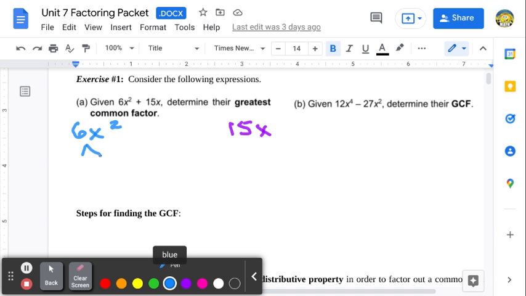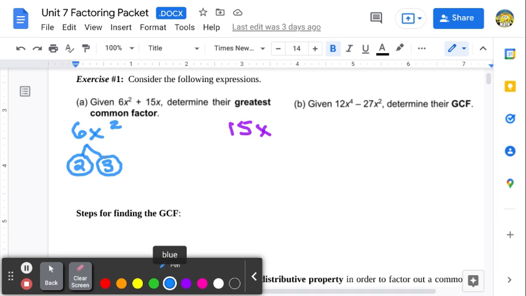I'm not going to grade you based on how your factor tree looks. What you're doing is just breaking this thing down to find all the things that multiply to get 6x squared. So I put 2 and 3 because 2 times 3 is 6. Now I'm circling these numbers because they're prime numbers. If they're not prime, we have to keep breaking it down.